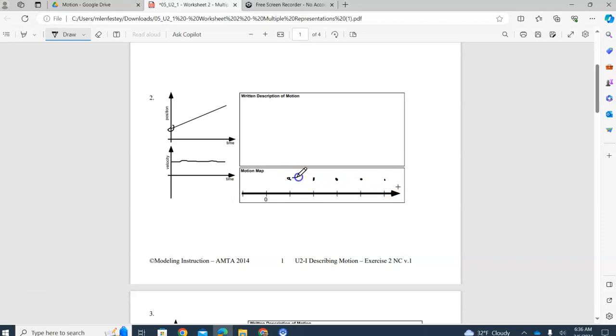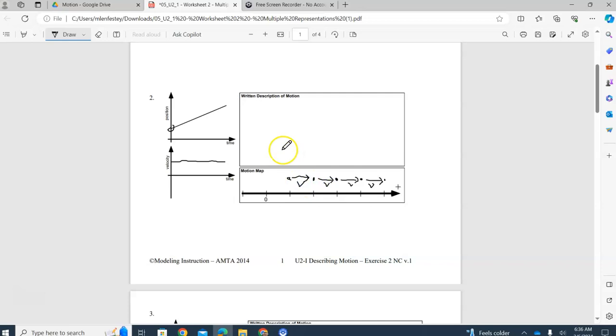And then I have to draw arrows. Now, I don't know how good I'm going to do at drawing arrows. And those arrows should all be the same length, and they're pointing to the right in the positive direction. You should label these velocities or these arrows with a V. It's really hard for me to draw that, so if I can do it, then you definitely can do it.